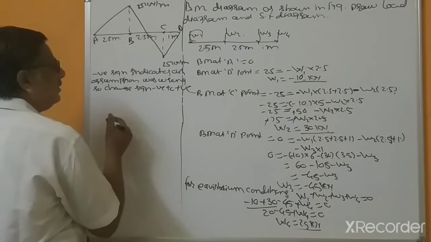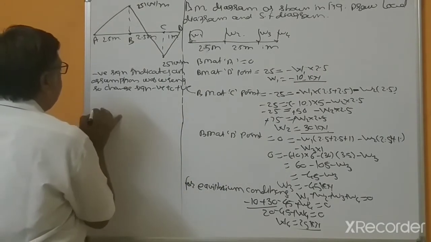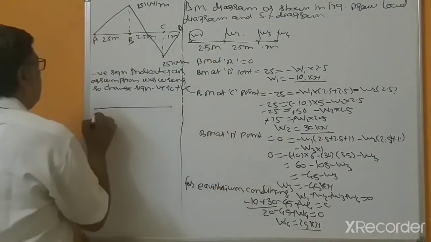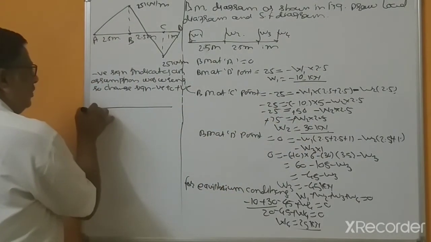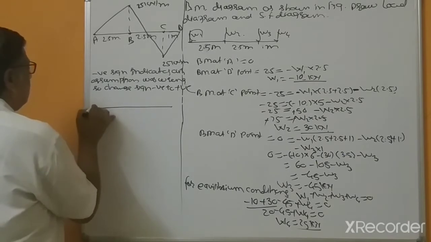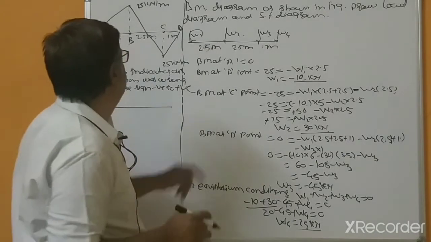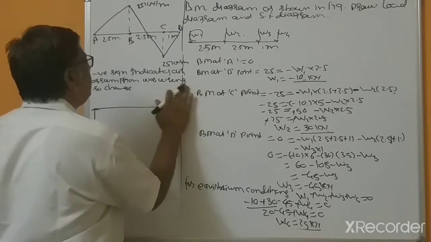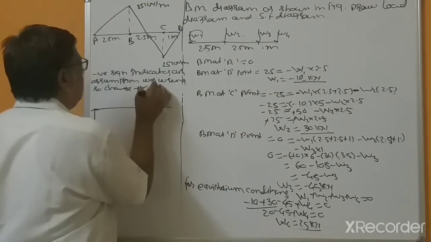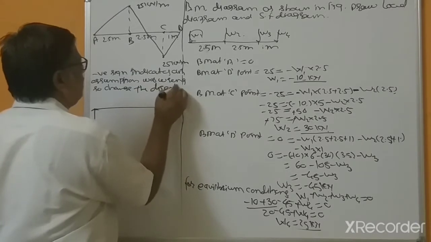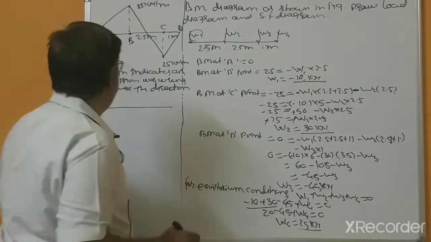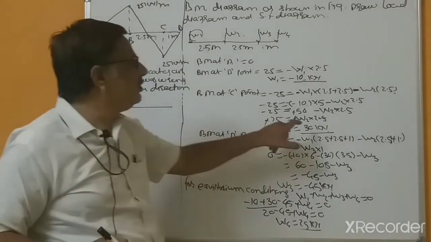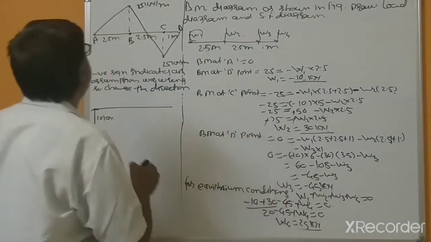So that's the load diagram. Now this is 10 kilonewton, we have to change it. This is positive, so change the direction: 10 kilonewton upwards, 30 kilonewtons downward, which is correct.